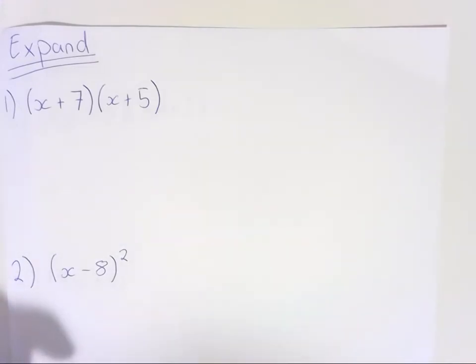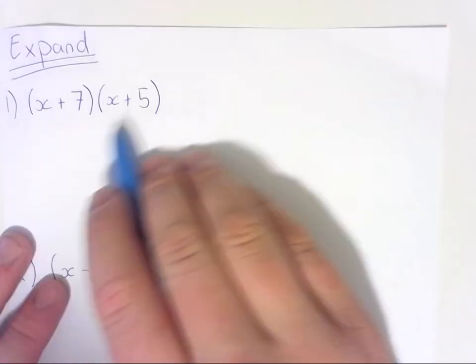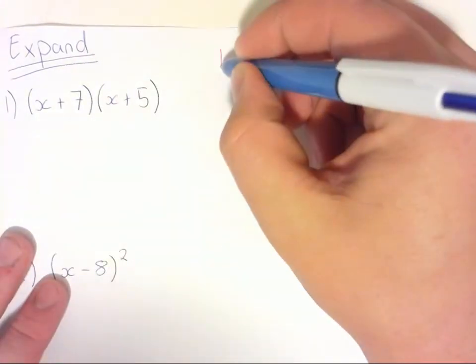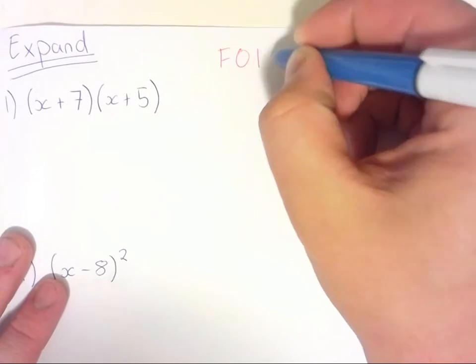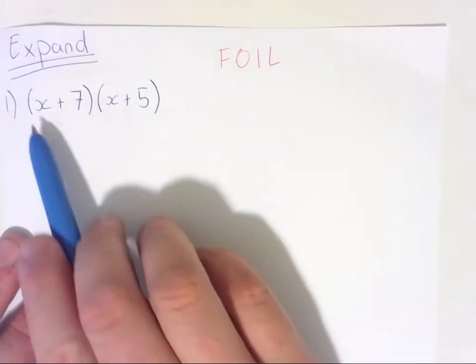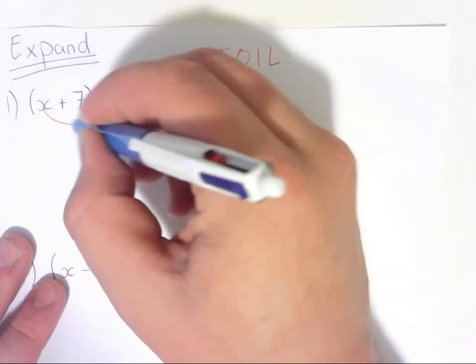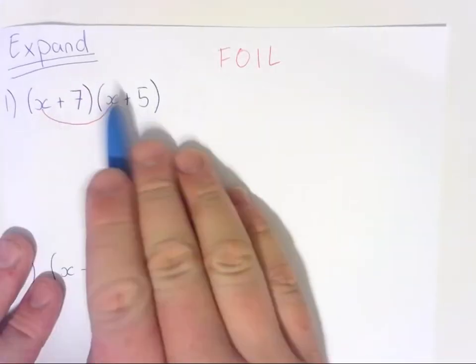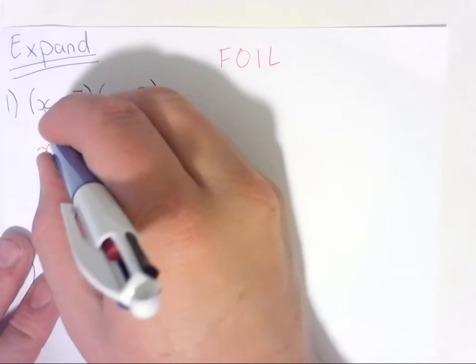So what we need to do with a question like this is a method called FOIL, which stands for first, outside, inside, last. So I look at my first term of each bracket, x and x, and I times them together. x times x, x squared.